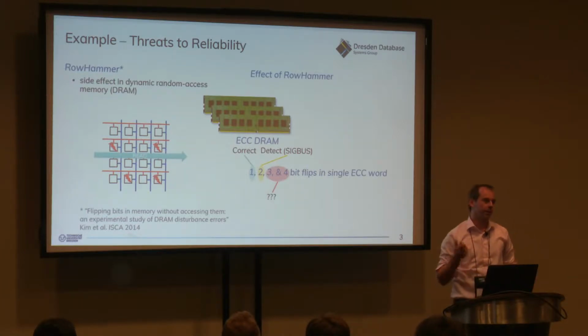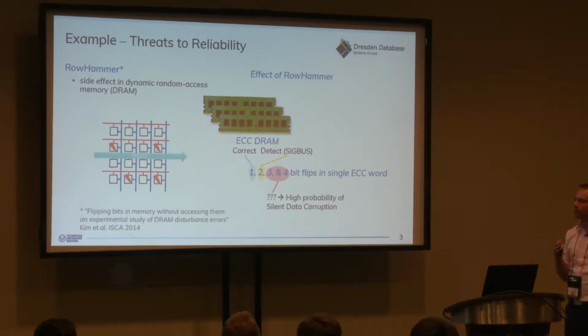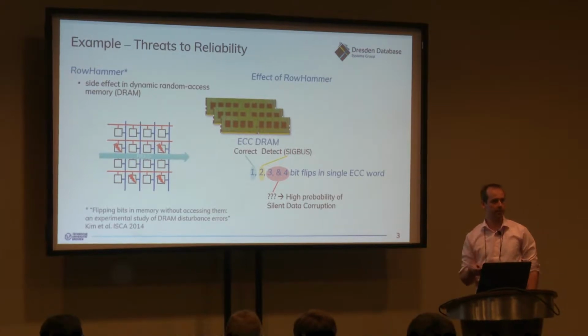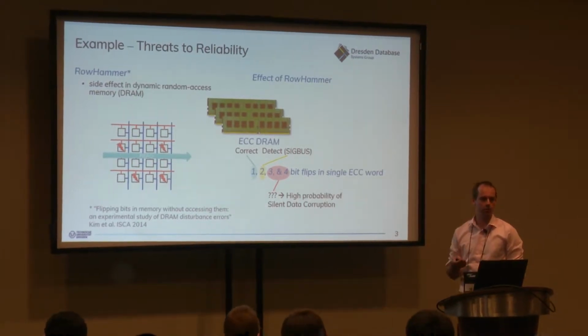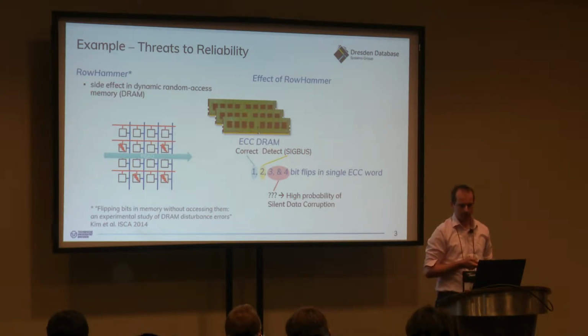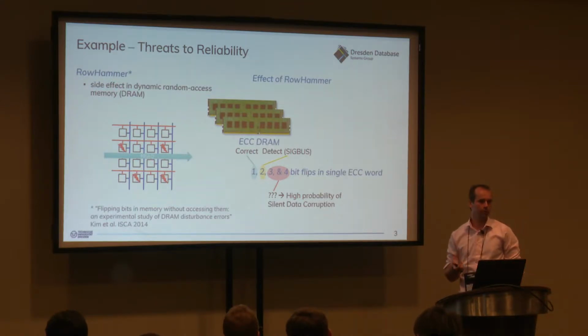And what about these cases with 3 and 4 bit flips? It turns out that there's a very, very high probability that the hardware does not detect such an error, and that there is silent data corruption. And this in turn means that we will work on corrupt data during our query processing, right?